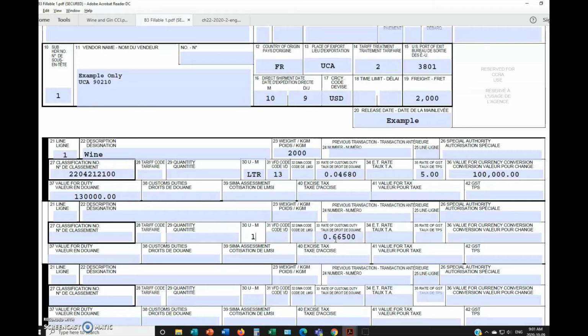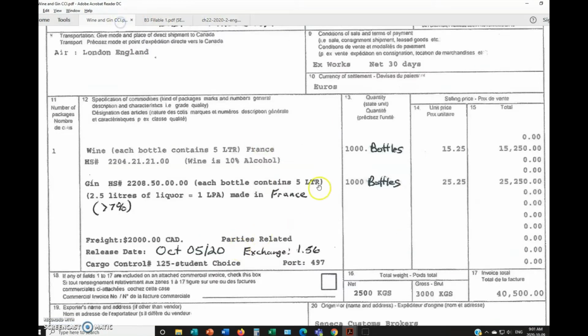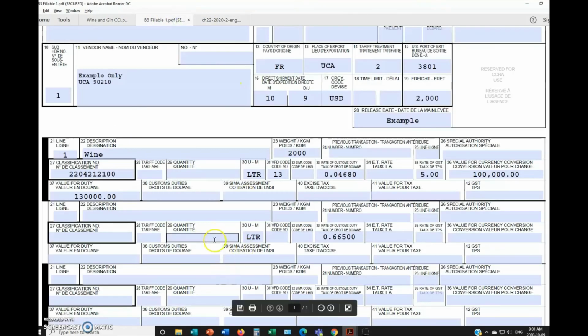The unit of measure is LTR. And all we have to do is figure out the number of liters, which is 1,000 bottles times 5. And you are going to put the number of liters in here, multiply the 0.665 dollars per liter by the number of liters, and that gets your excise duties.